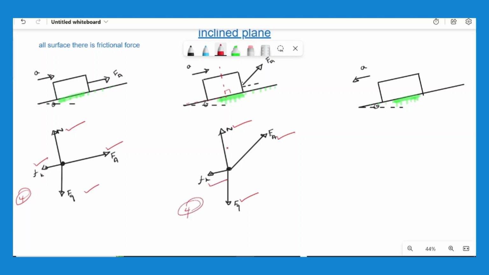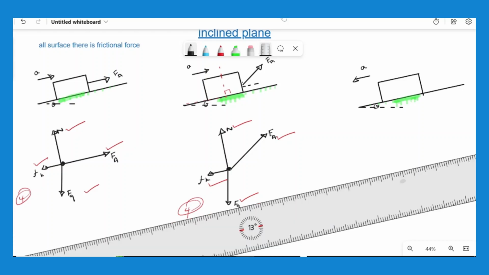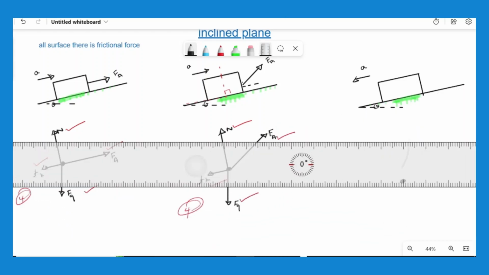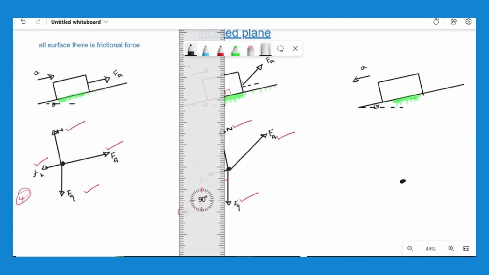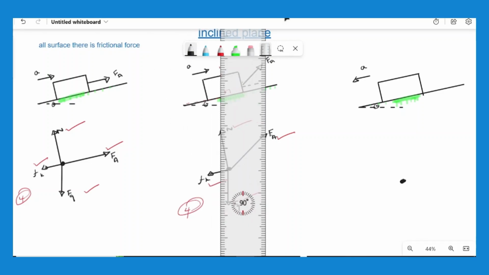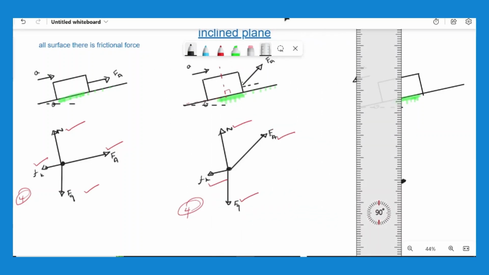Right. Let's look at the last situation now. The last situation, we've got the box that is sliding down the plane. So of course we're going to start with our weight. The weight is always acting straight down.